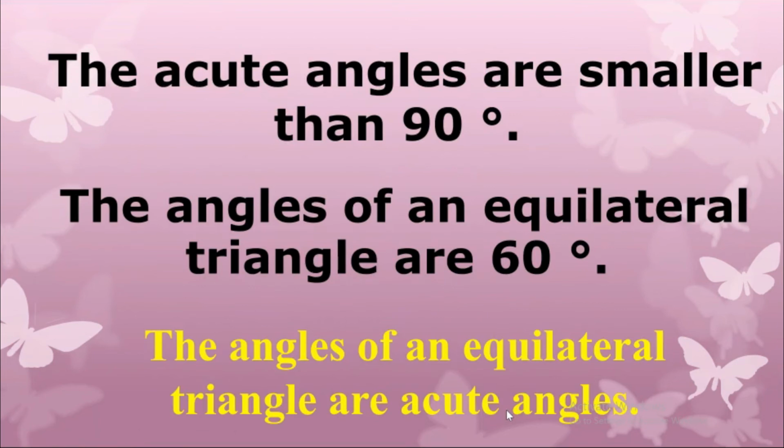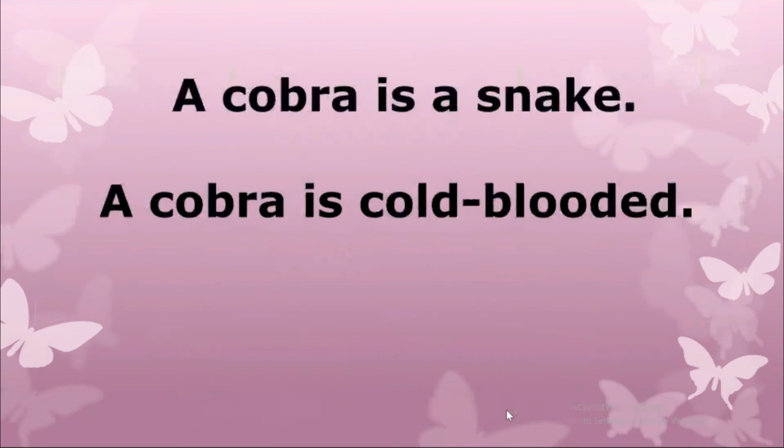Let's have the last example. A cobra is a snake. A cobra is cold-blooded. Now what can you conclude? What's your answer? You got it right.